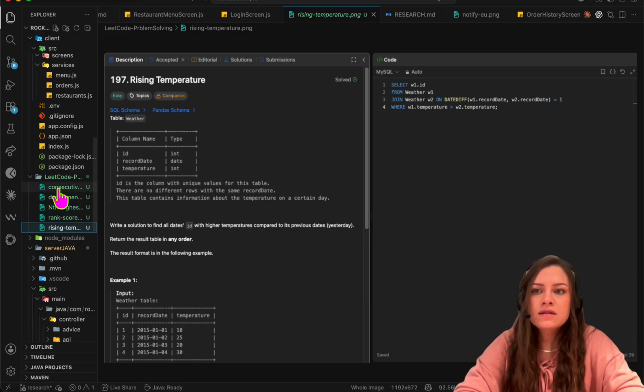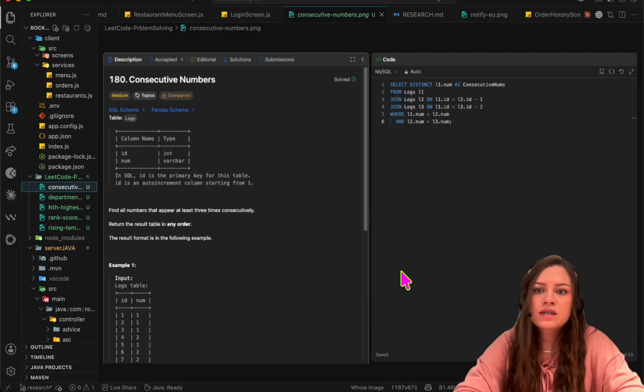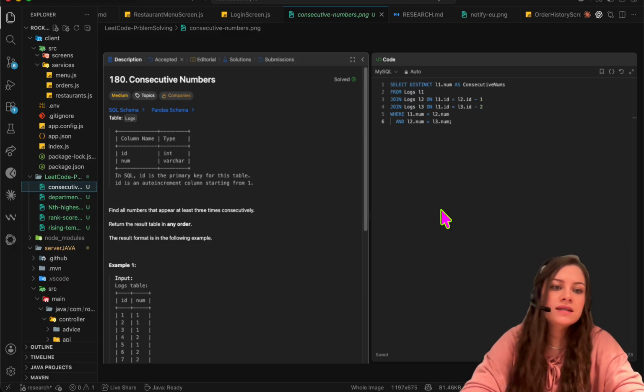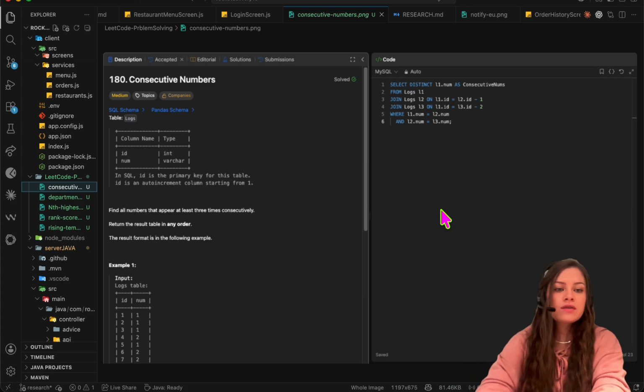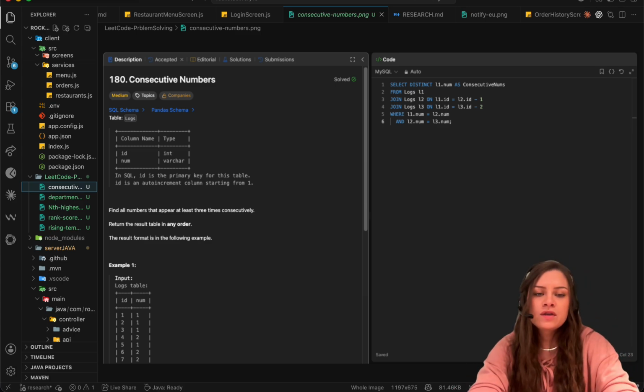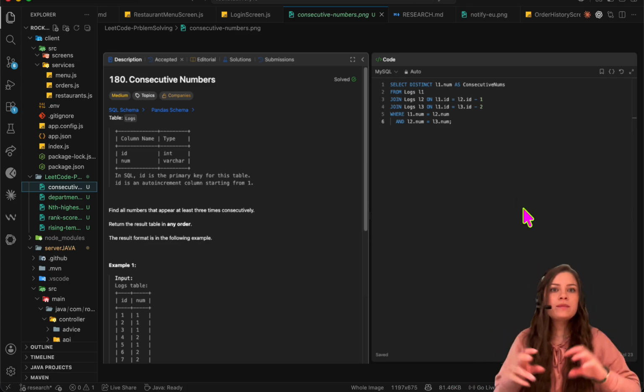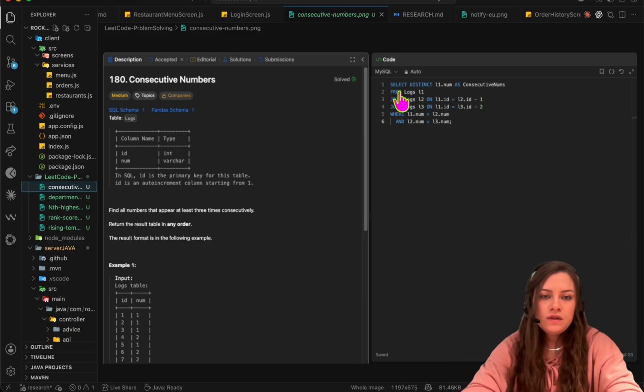And then our last problem is Consecutive Numbers. This has the same self-join idea as the last problem, but in this problem we make 3 copies instead of 2. What this problem is asking is I need numbers that show up 3 times in a row. So we line up 3 consecutive rows by ID: L1, L2, and L3.